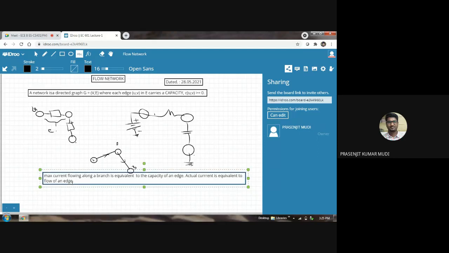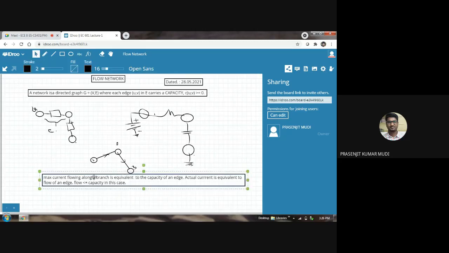Of course, this flow has to be less than or equal to the capacity, right? The capacity is the maximum current. So that means capacity represents the impedance, minimum impedance or maximum impedance, based on the minimum impedance. So this is the physical interpretation with an example using an electric circuit, an electric network. Okay.